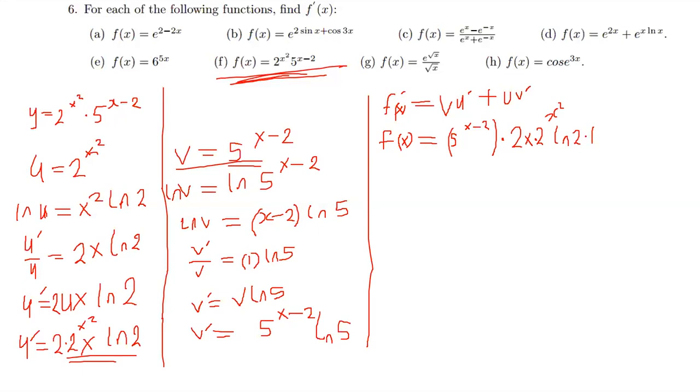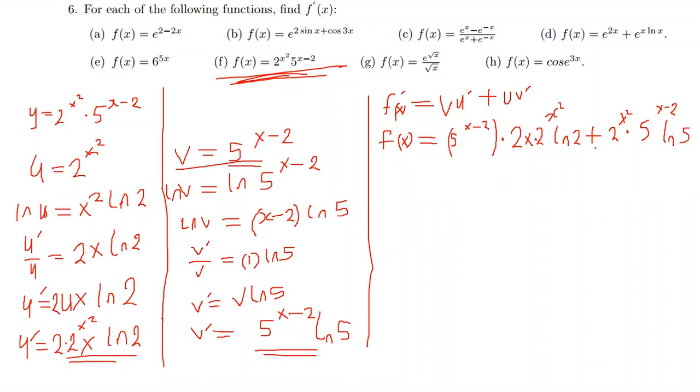Then you say plus, this plus there, and then you're going to have u. My u is 2 to the power x squared, then multiplied by my v prime, which is just this part here, 5 to the power x minus 2 times ln 5.